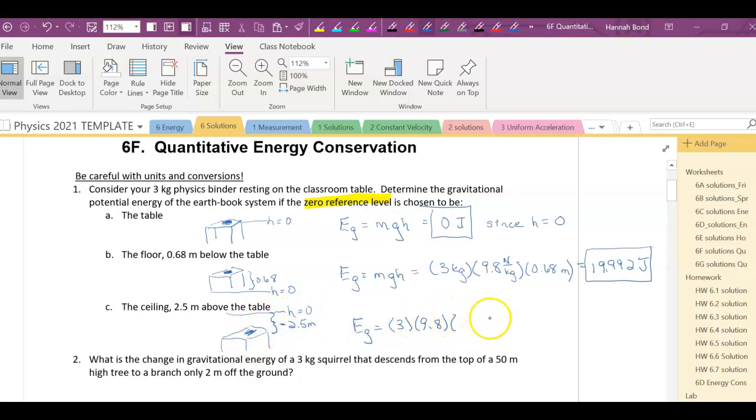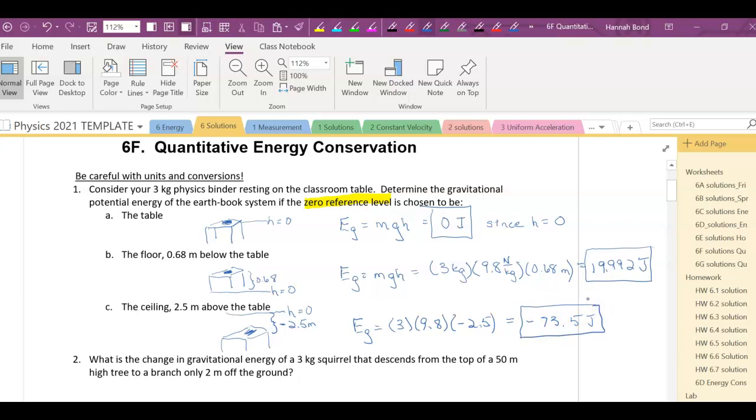It's below the reference level, so its height is negative 2.5, and so we would actually have a negative gravitational potential energy of negative 73.5 joules. So gravitational potential energy can be negative.